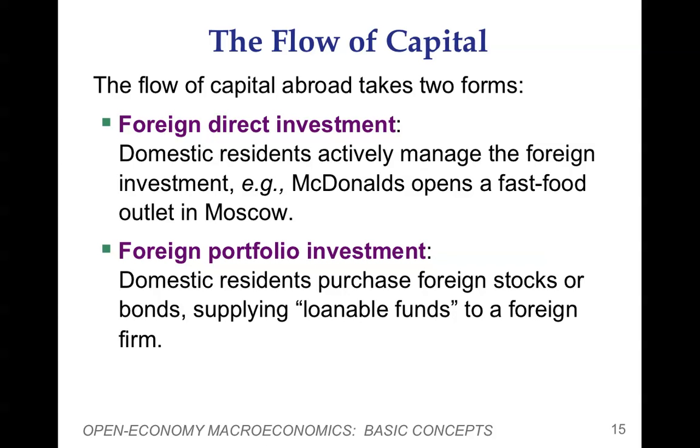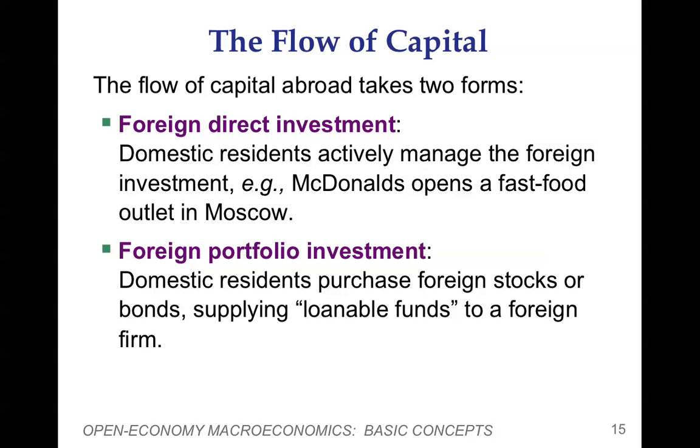Or foreign portfolio investment, where domestic residents purchase foreign stocks or bonds, supplying loanable funds to a foreign firm. Or the U.S. resident could purchase bonds issued by the French government or by the British government. And that is just another way for the French or the British to borrow money from everyone abroad.